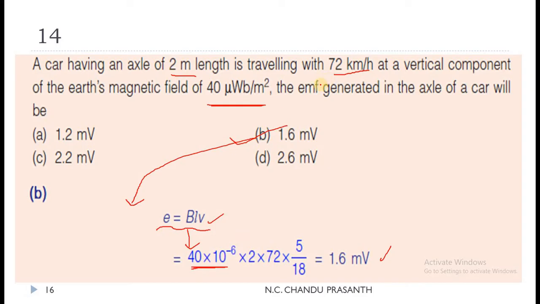And 72 kilometer per hour changes into meters per second, because the length is already in meters now. To convert kilometer per hour into meter per second, we have to multiply with 5 by 18. Finally we can get 1.6 millivolts by doing the calculation.